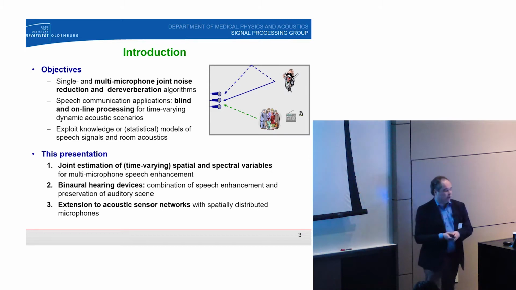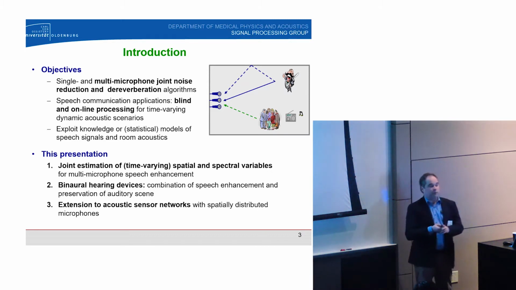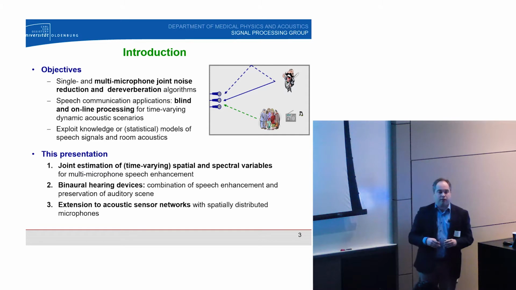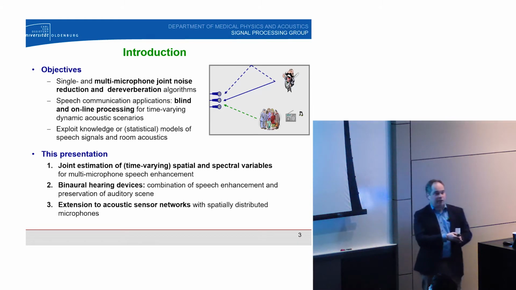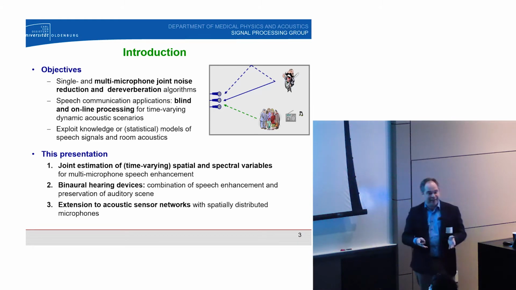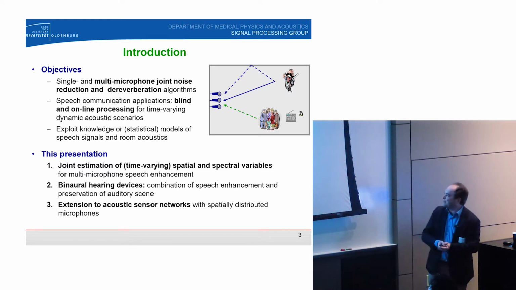So in this presentation, there will be three parts. In the first part, I will talk about joint estimation of both time-varying spatial and spectral variables, meaning so-called relative transfer functions and PSDs, used for multi-microphone speech enhancement. In the second part of the talk, I will focus on binaural hearing devices, and I can skip a couple of slides because of the previous presentation, which is quite nice to save some time.